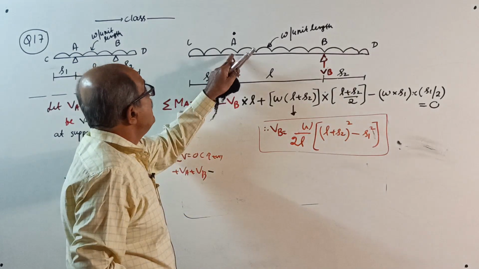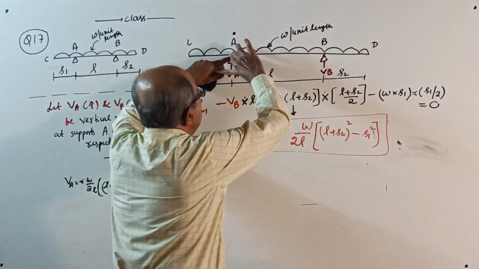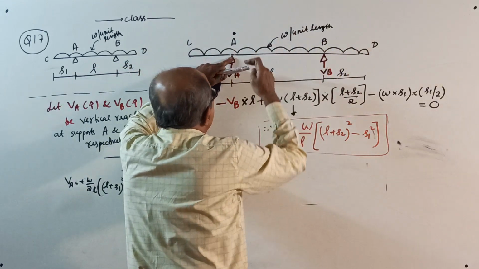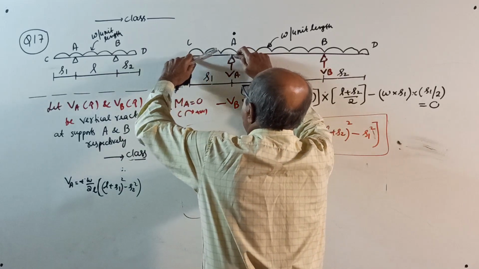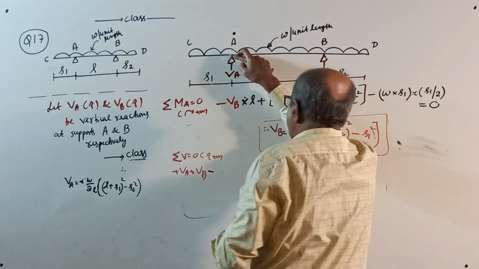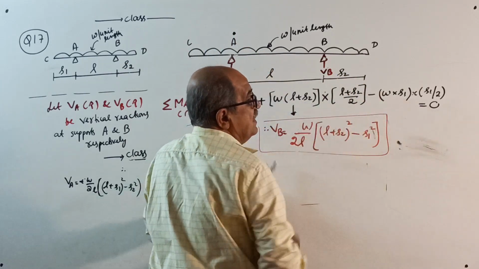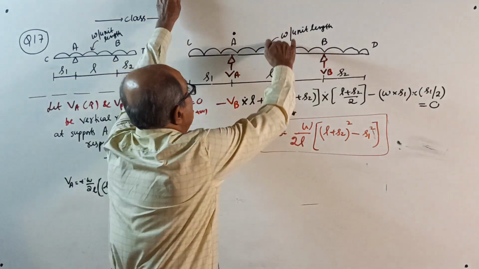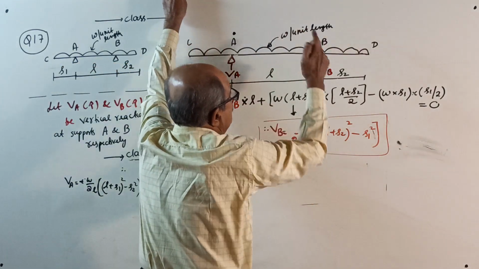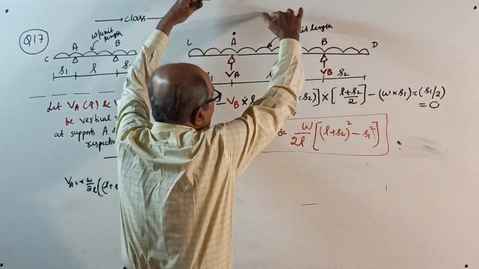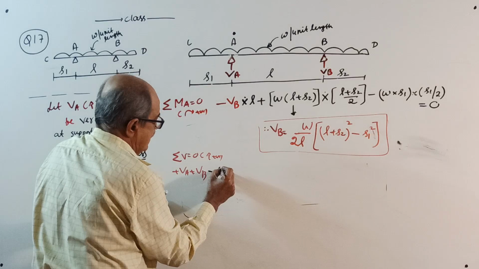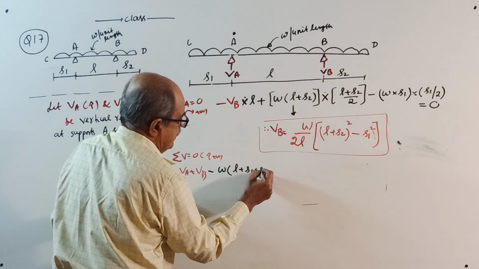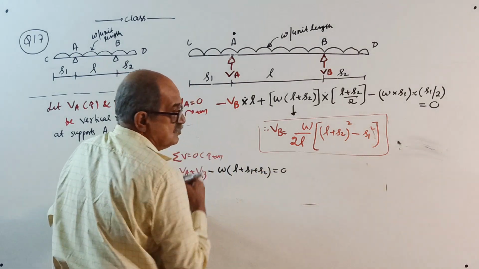When you take moment about A, the right side UDL from A up to D will produce clockwise, whereas the UDL from A to C will produce anti-clockwise. That's why we separated it. But this time we want only load. How much is it? W into L, W into S2 and W into S1, all are downwards. So directly W into (L plus S1 plus S2) equal to 0.